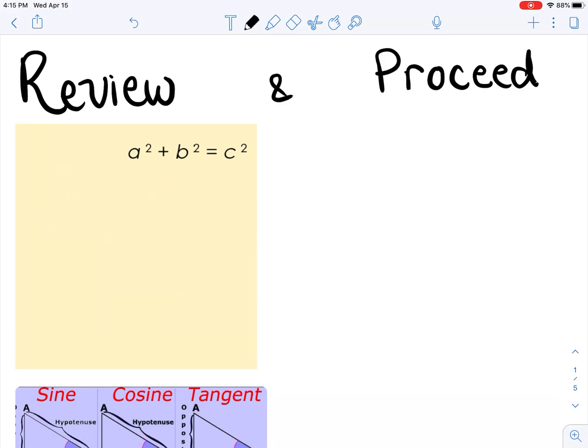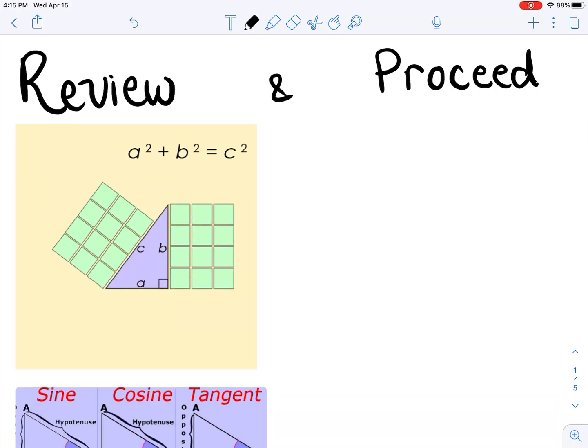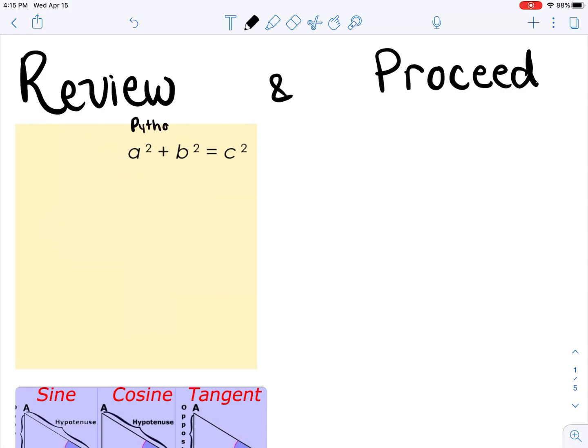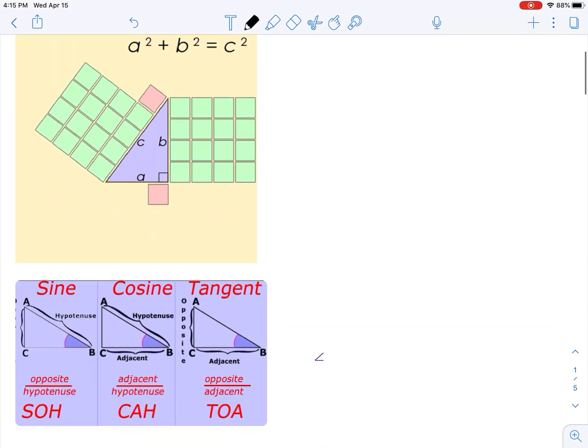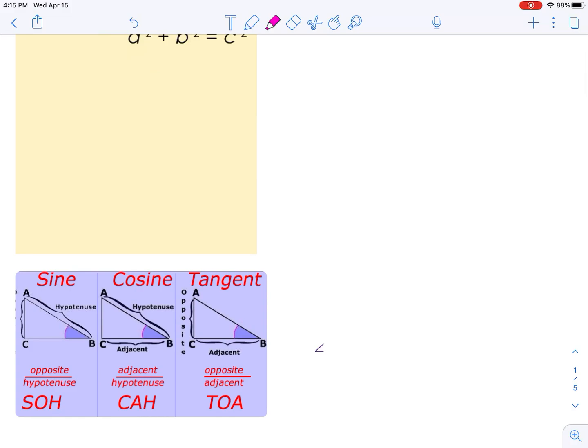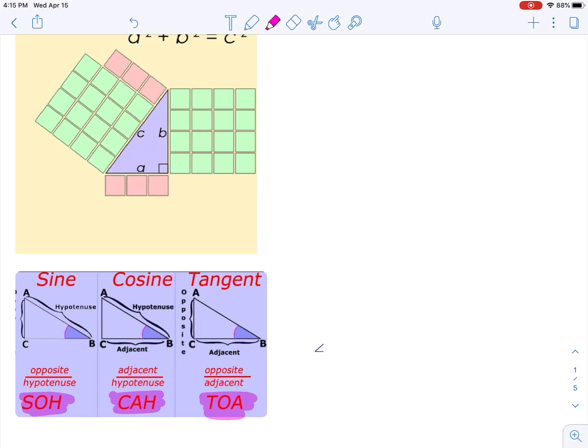Last week, we were learning all about right triangles. We first reviewed the Pythagorean theorem, and then we learned how to use the trigonometric ratios and SOHCAHTOA, how to set up problems using SOHCAHTOA.